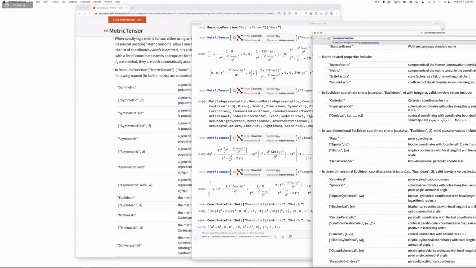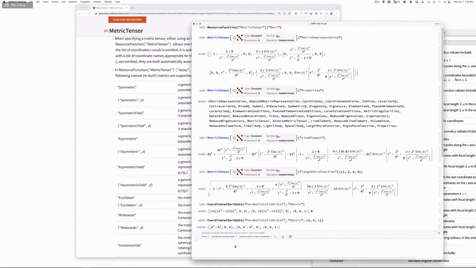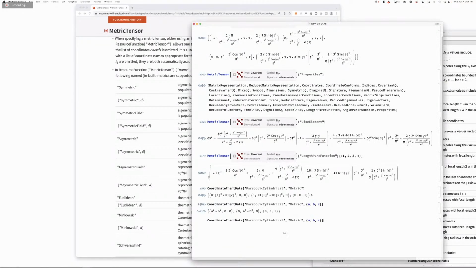Let's see, okay, but toroidal coordinates, for example, I have to give a parameter here.